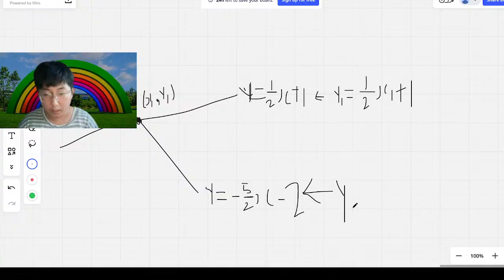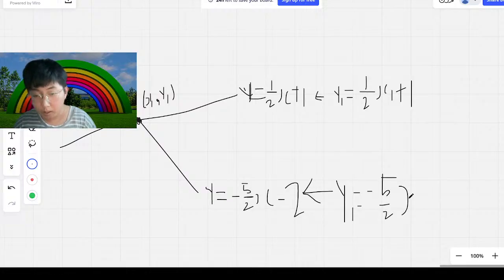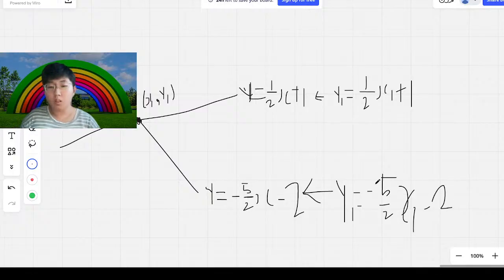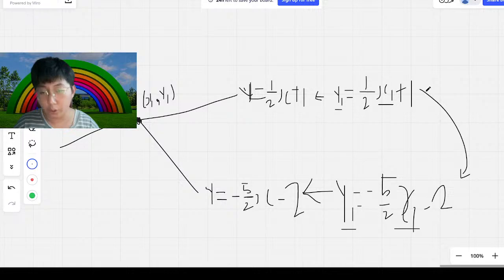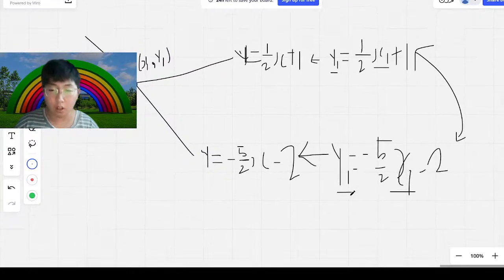So y1 must equal -5/2 x1 plus, minus 2. So these two must be the same. y1 must be the same and x1 must be the same. So we suppose that both of these are true, and then we solve it.